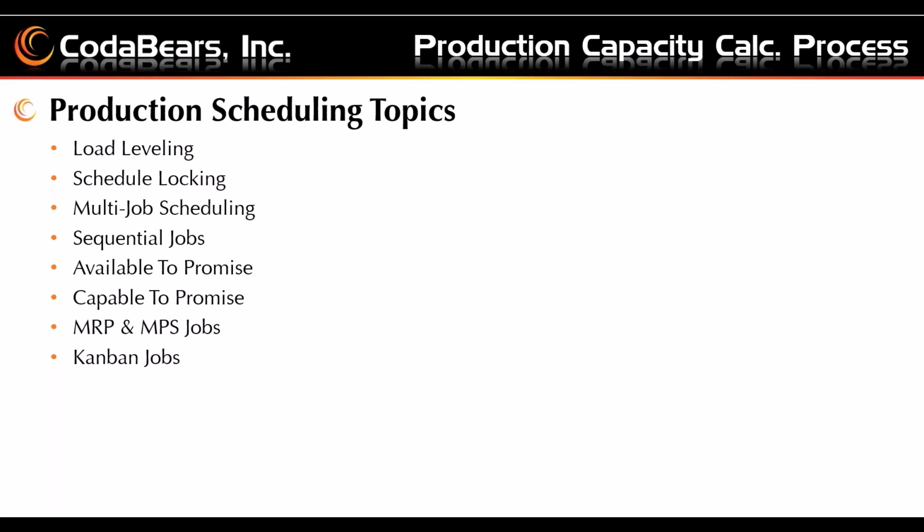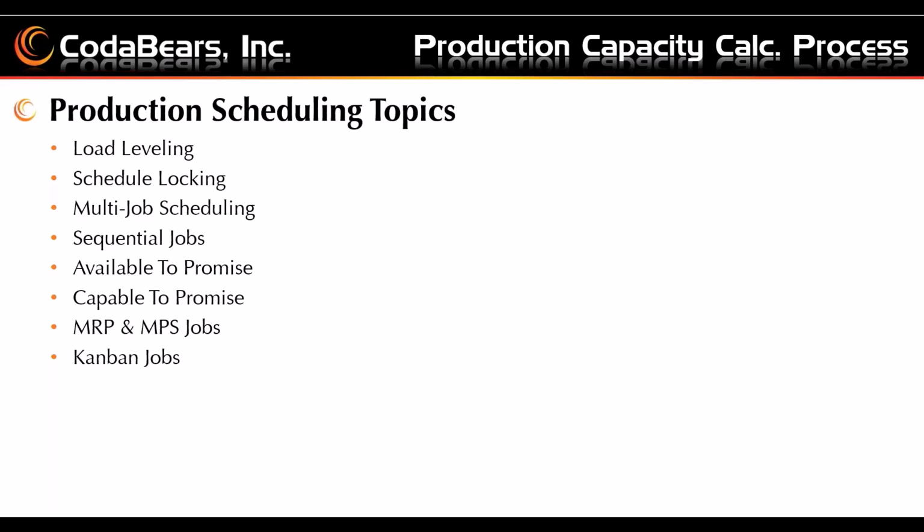The available to promise and the capable to promise are two different things here. Available to promise is a calculation that places the total demand for a part on a specific date against the supply available at that same date. That's my available.